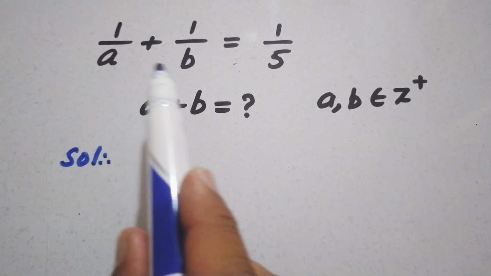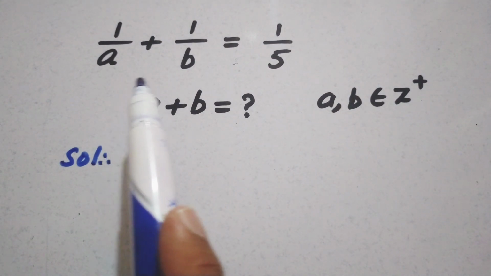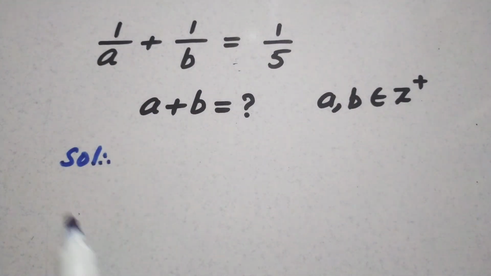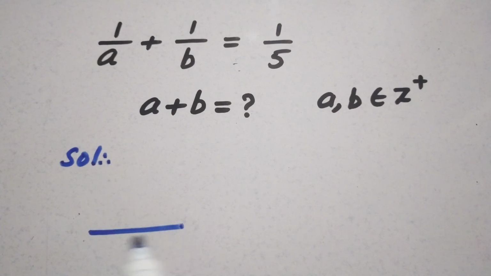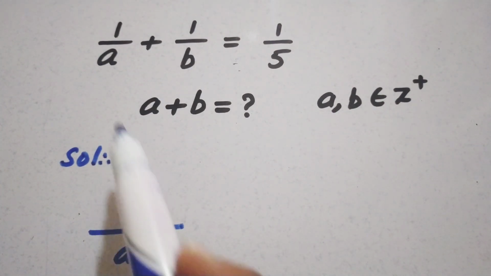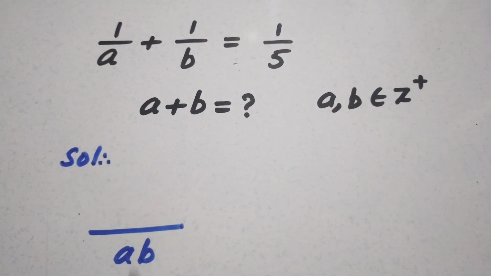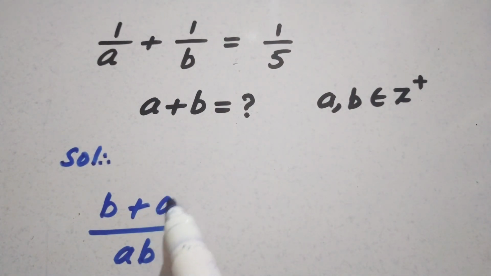As 1 by a plus 1 by b is the left hand side, by taking LCM here, the LCM of a and b is ab, and 1 by a multiplied by ab, we get b, plus 1 by b multiplied by ab, we get a.